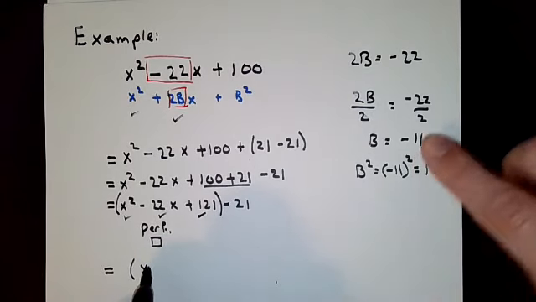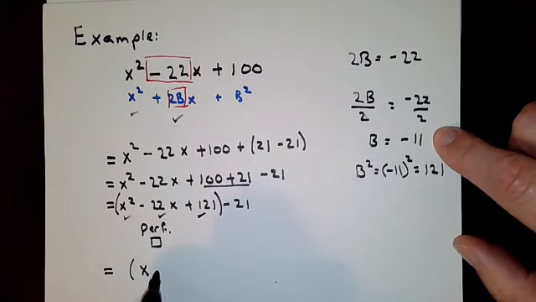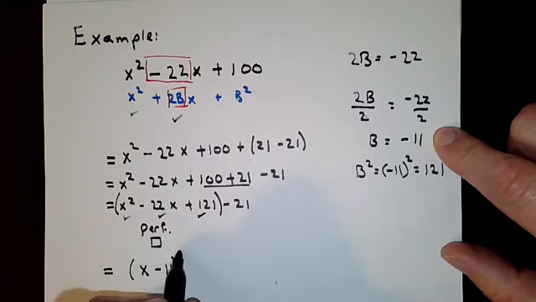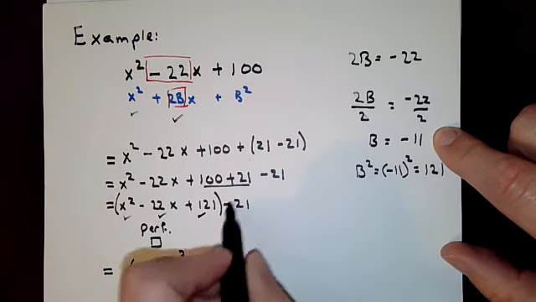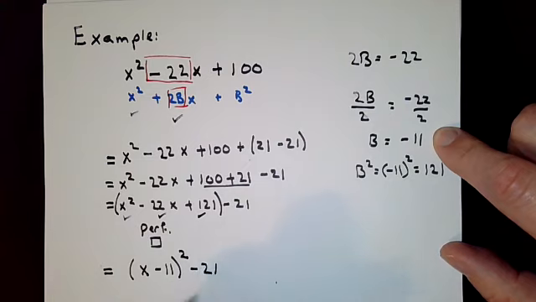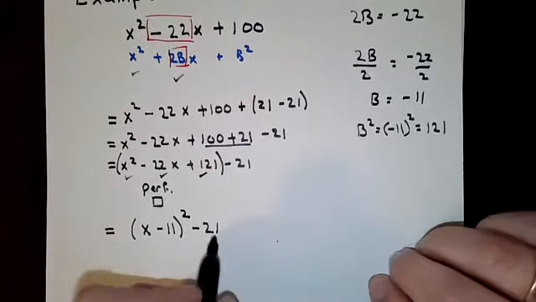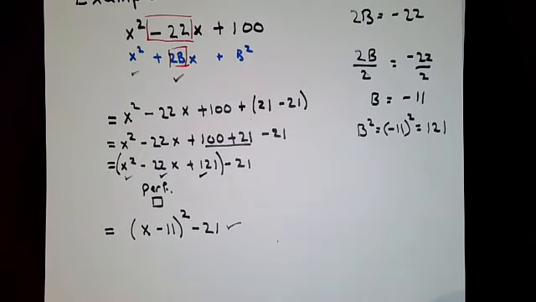What is b? B is negative 11. So plus a negative 11, it's the same as minus 11. And then we have this constant term that's hanging out at the end. This is the completed square form.